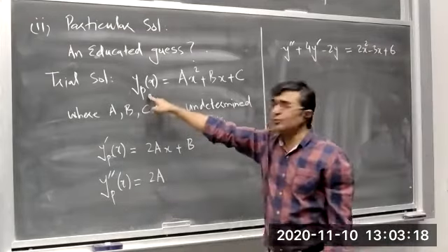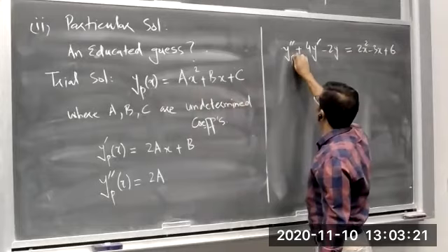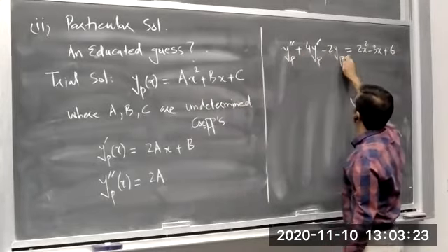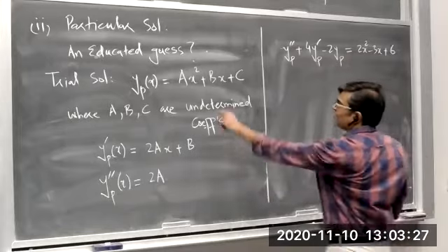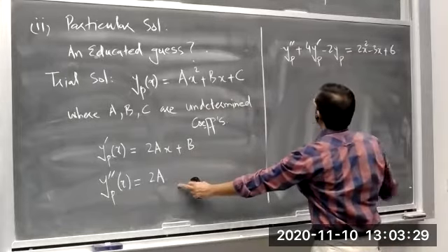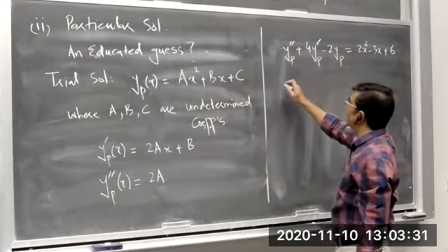When this is assumed to be the solution, if we put it in the differential equation, it must satisfy it. Now we insert the values of yp, yp dash and yp double dash here.